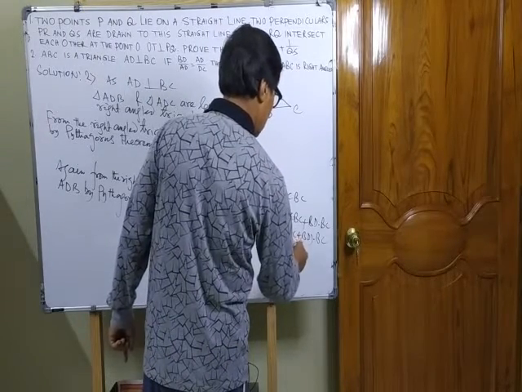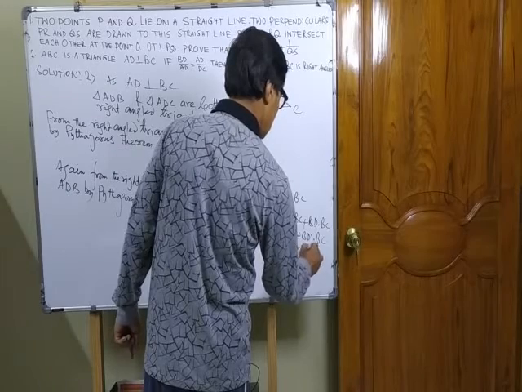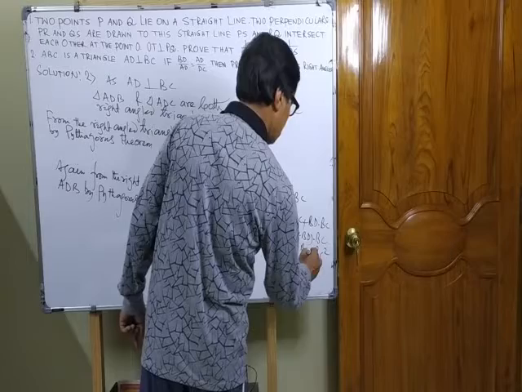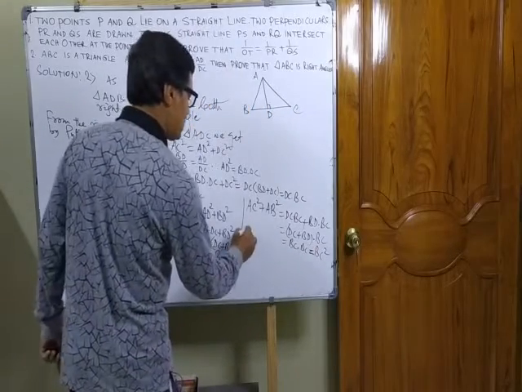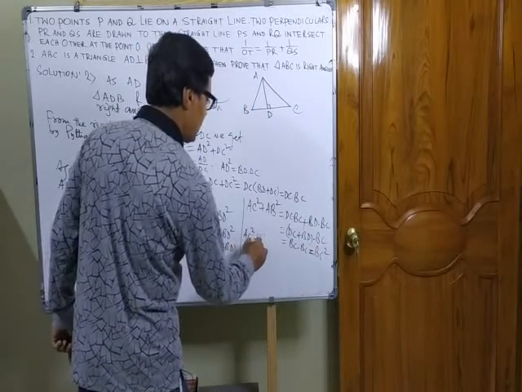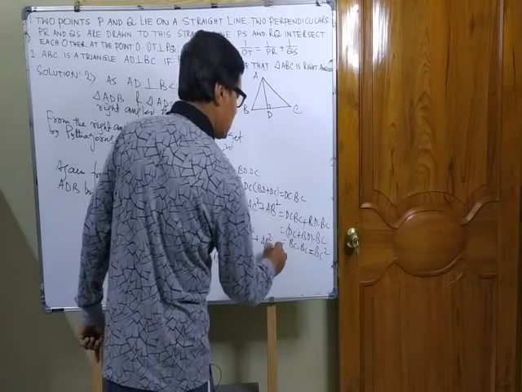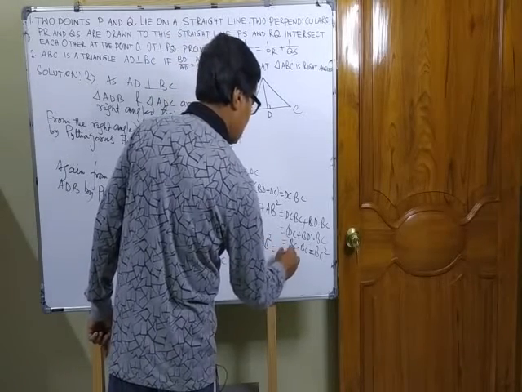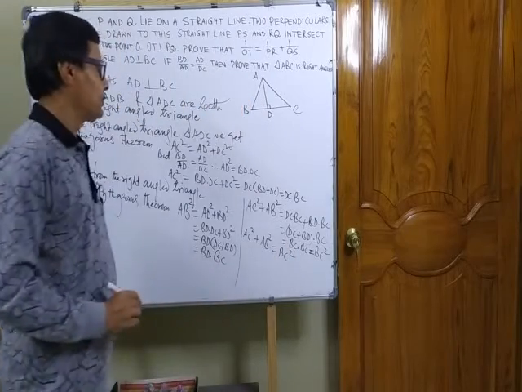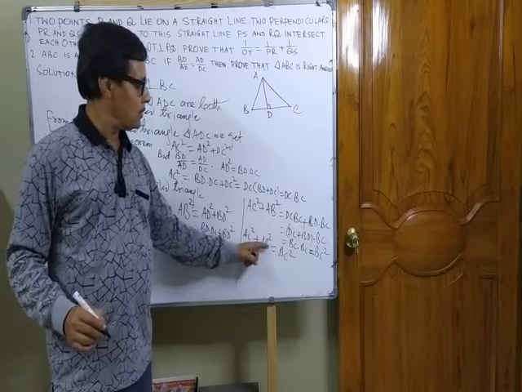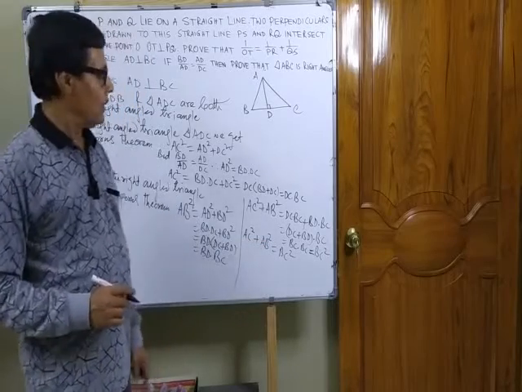That is BC multiplied by BC, which is BC square. So we get AC square plus AB square is equal to BC square. We have got this relation: AC square plus AB square equal to BC square.